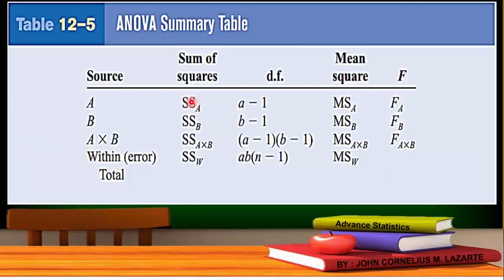The rest follows the same format except for this row, where we multiply the corresponding items for the first and the second independent variable to obtain it.